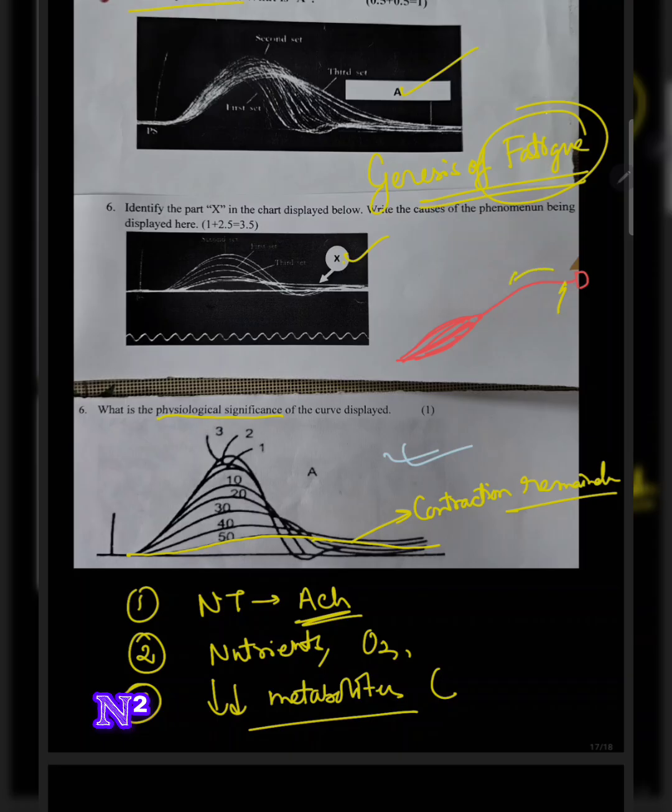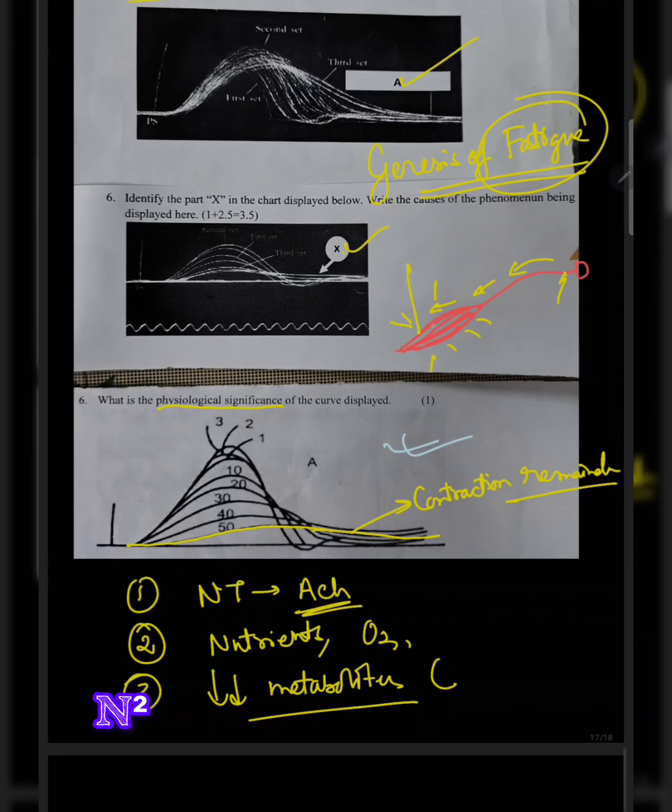The signal transmits through the nerve, it contracts the muscle, and the muscle pulls the thread and the lever and it depicts the simple muscle curve. If fatigue is achieved, a contraction remainder curve is obtained, that means the fatigue point has been achieved. What does this signify? There is a problem somewhere in the nerve, or in the muscle, or in the neuromuscular junction. There are 3 points where the problem could be.